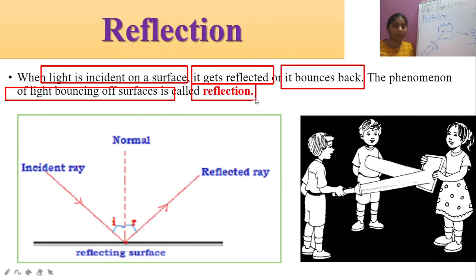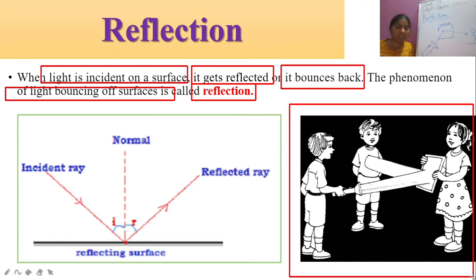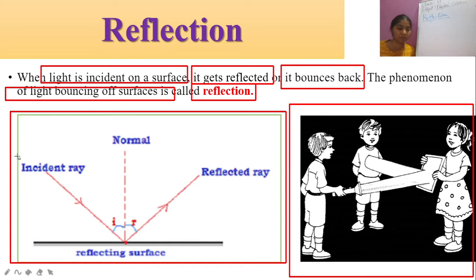Okay, so students, you can come to know that this is the phenomenon which is used by these three kids, that is reflection. Now students, have you seen the diagram which is in front of you on the left-hand side? Yes, first we can see that this is a light which is called incident.